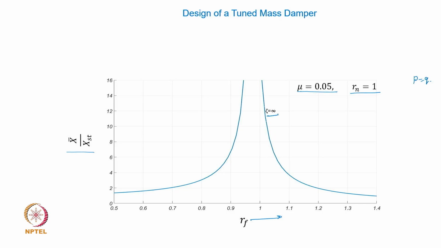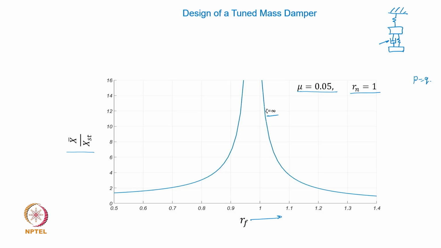When you take a very high damping ratio, close to infinity, this is how the response looks like. Now, if you really see this system, the parent system and the vibration absorber with the damper, what does zeta equal to infinity actually mean? That the dashpot fluid is so viscous, it just does not allow any relative motion.